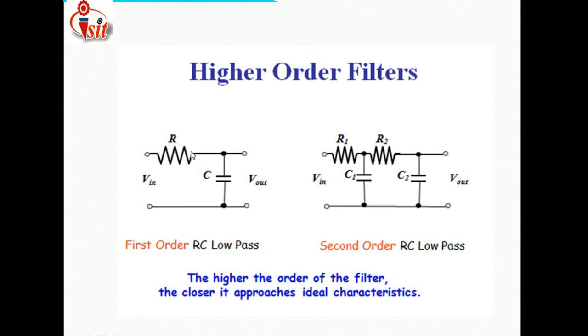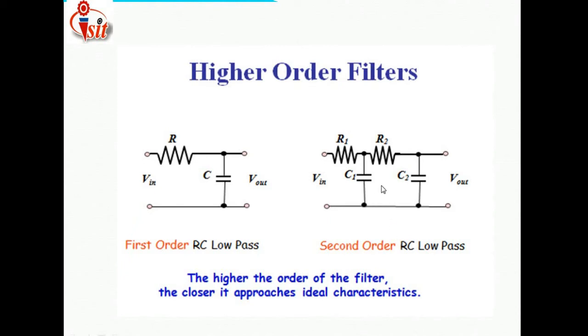Here the resistor is connected in series and the capacitor is connected in parallel. Here we are applying the input voltage, and here we are getting the output voltage. Here also we are applying input voltage, and here we are also getting the output voltage. It is a first order RC low pass filter, and here is a second order low pass filter. In the first, we are connecting only one R and C component, so the order of the filter is first order.